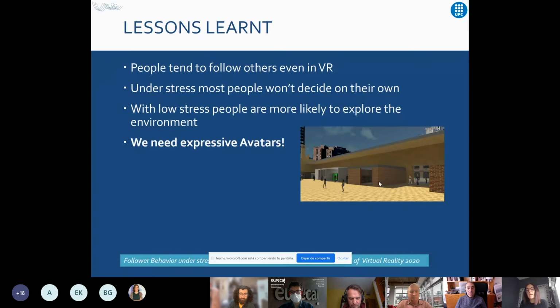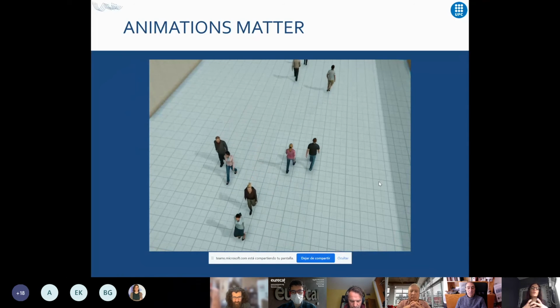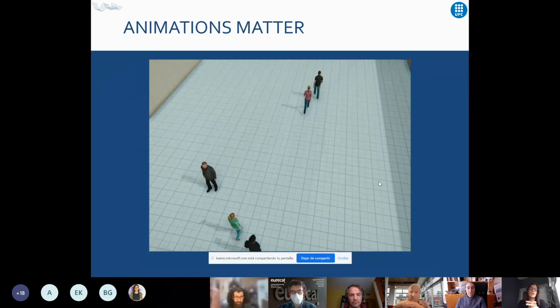In these experiments, avatars were only walking around, performing tasks, and at some point they would start running, but they had no facial expressions. They did not show alarm on their faces. They did not show surprise. Our feeling with this experiment was that we need to include more emotions in the avatars' animations for these experiments to work better.